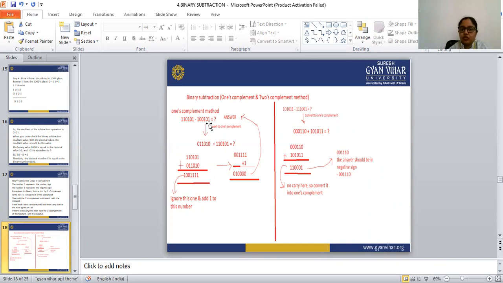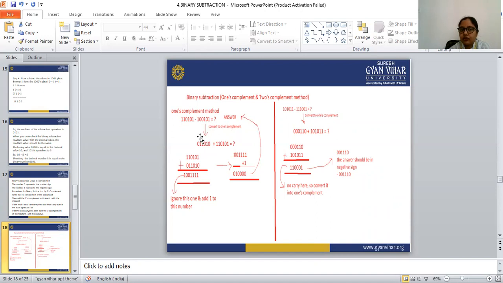So first we consider the second number and convert it into its ones complement. For this, we first invert the second number. So I have inverted the number, and this is the ones complement of the second number.